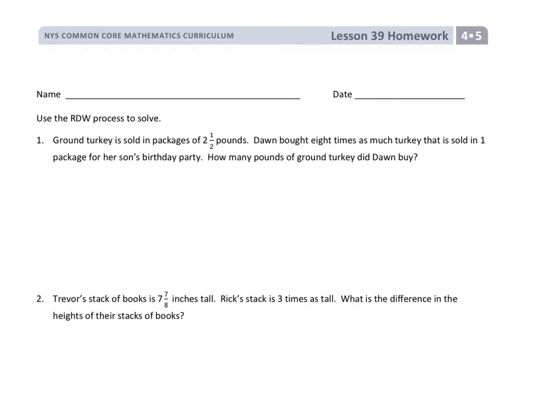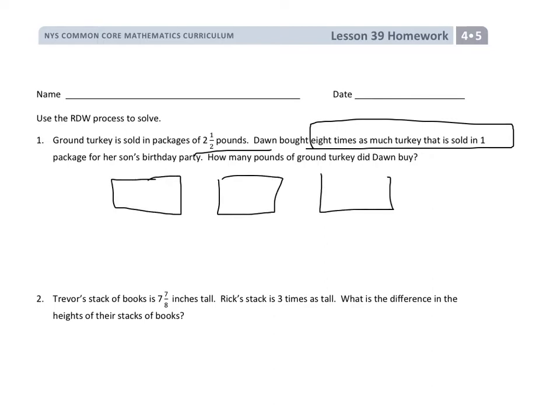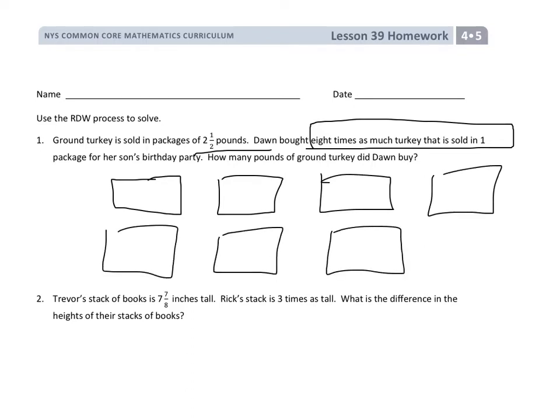If students go back into the problem, they see that it's sold in packs of 2.5 pounds, and she bought 8 times as much as was sold in one. So thinking of what that picture would look like, she bought one package, 2 packages, 3, 4, 5, 6, 7, 8. And how many come in each package?